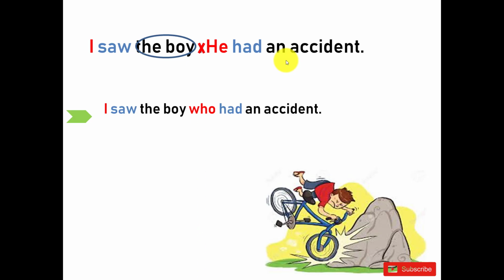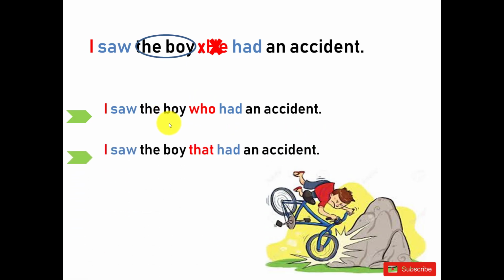We dropped the full stop and the he so that we put who to connect the first sentence with the second one. Now we have I saw the boy who had the accident. So who here talks about the boy, right? We can also say I saw the boy that had an accident. So who and that play the same role here.